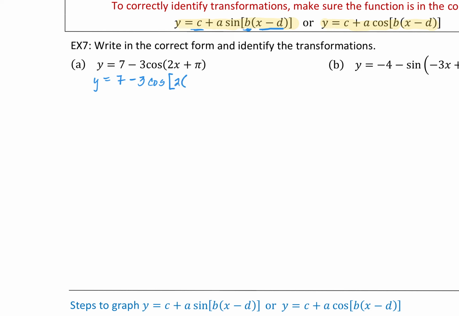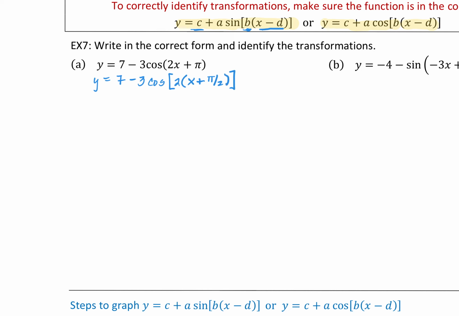And when we factor out the 2, we're factoring out from the 2x and the pi. So remember, when we factor something out, what we're actually doing is dividing every term by, in this case, 2. So we're going to take 2x, we're going to divide it by 2, and that gives us our x. Pi divided by 2 is simply pi over 2.